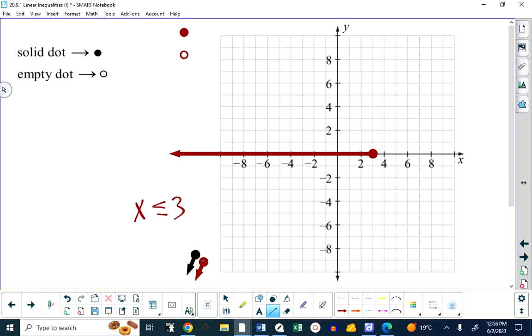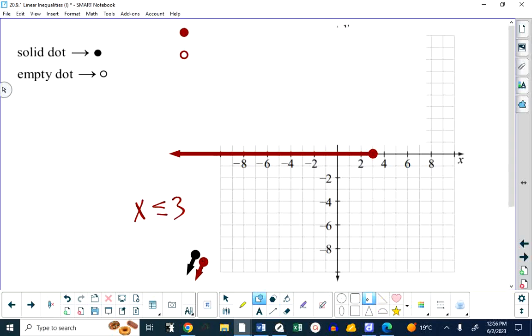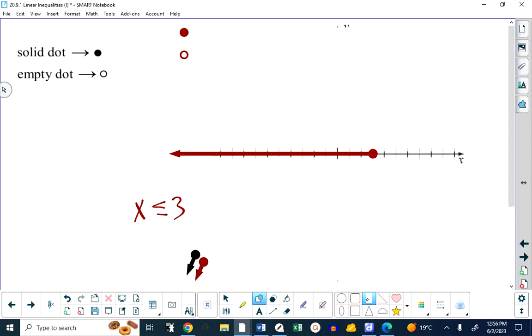It's got no y to it. So when we graph these linear inequalities with 1 variable, most of the time you don't even use the Cartesian grid, right? You just do that. But that is a graph. A number line is a graph. It's just a one-dimensional graph.